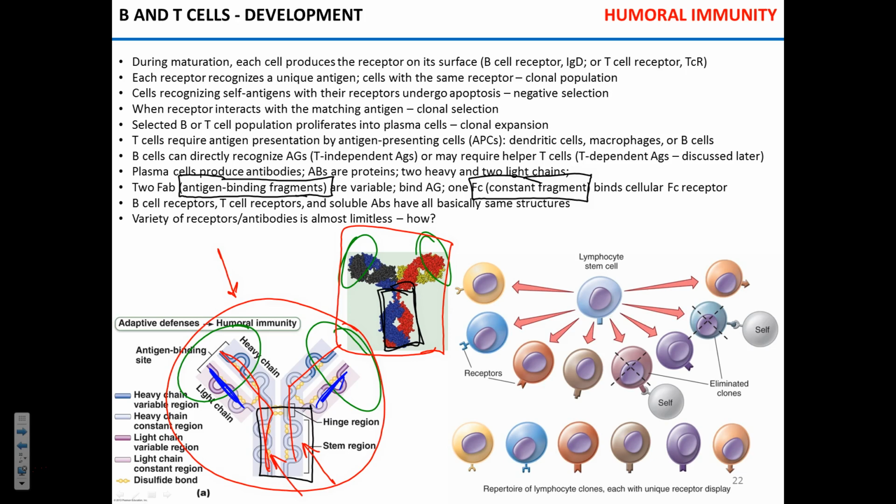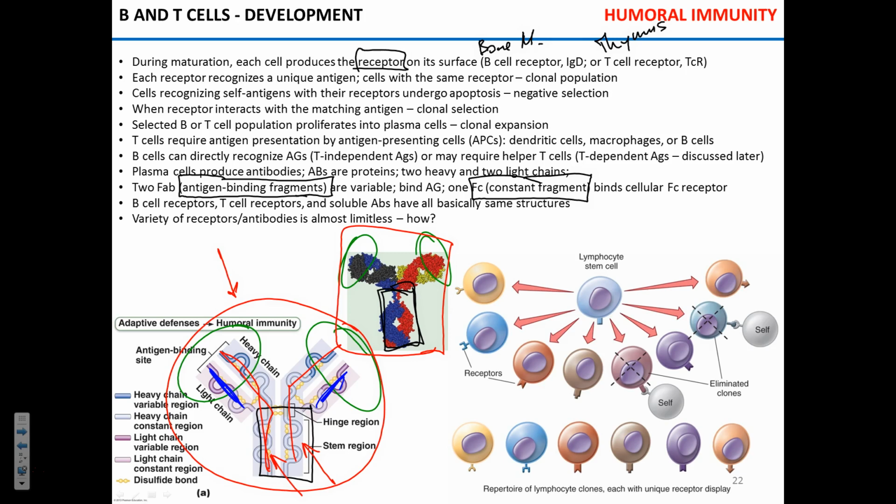Now let us see what's going on when cells recognize the antigen. When cells mature, B cells in the bone marrow, right? T cells mature in the thymus. They start to produce receptors on the surface.